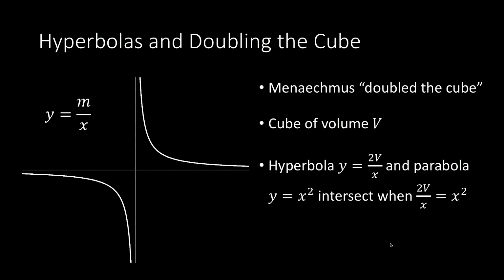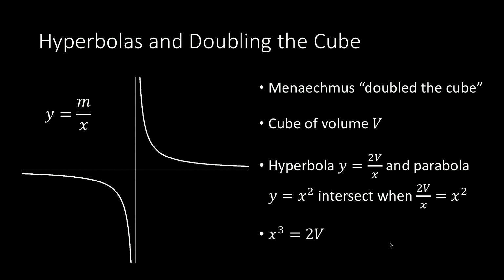They will intersect when those 2 things are equal. So when 2v over x equals x squared. You just draw your 2 conics, find the intersection point, and at that point, x will satisfy 2v over x equals x squared. So if you multiply it by x, you get x cubed equals 2v.